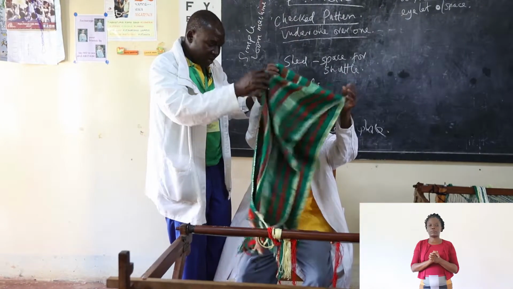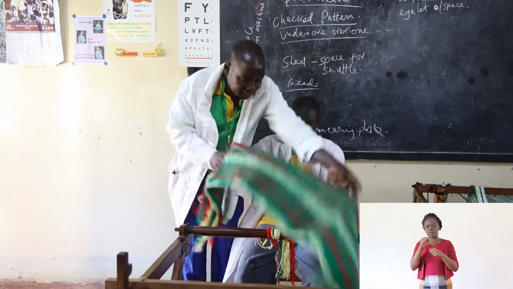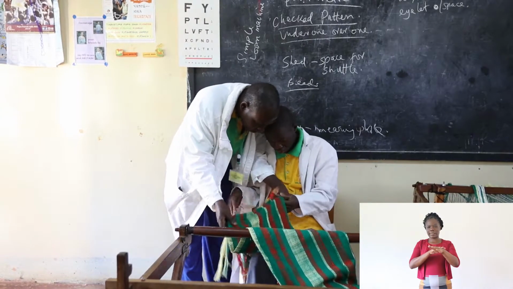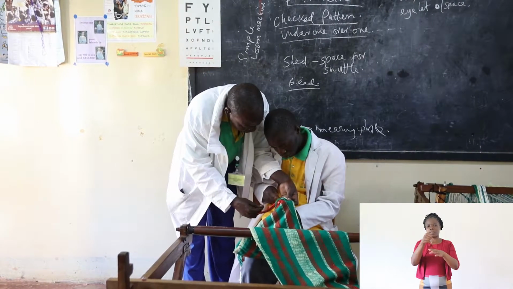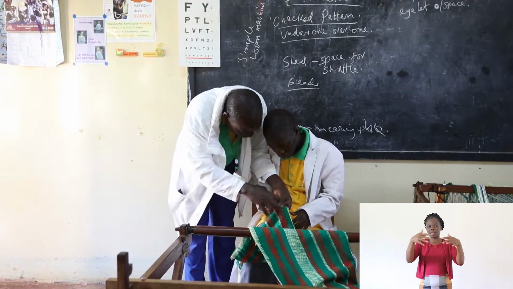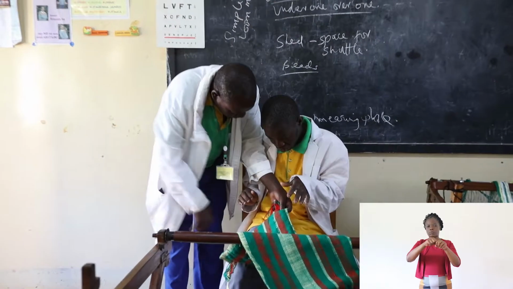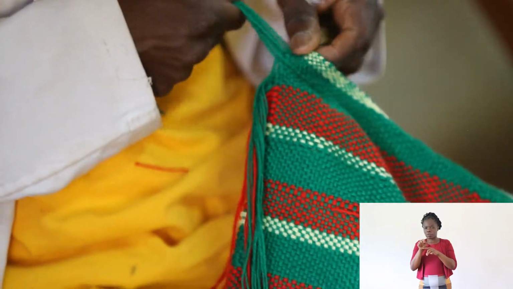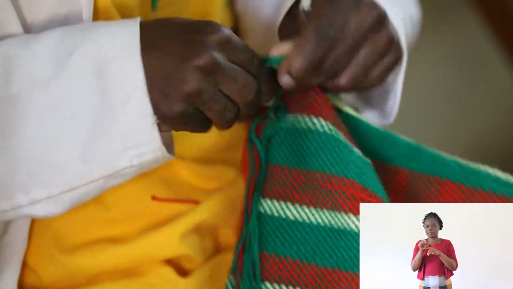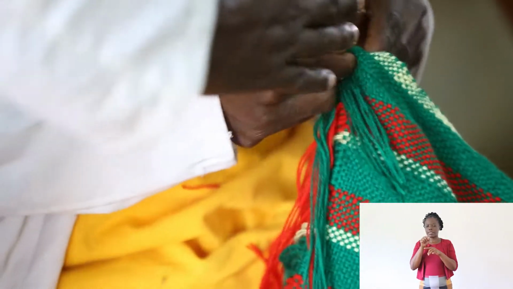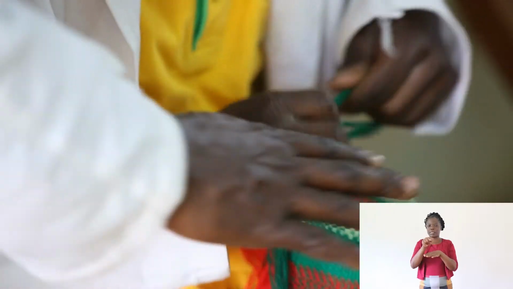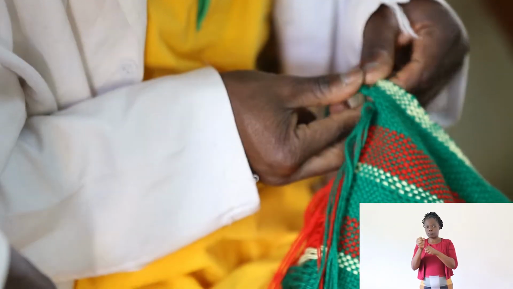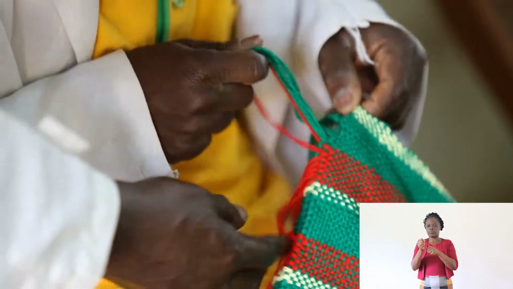Okay. Now we want to tie it. You can touch that this was now loose. If you leave it that way, it will get spoiled. So you must take one like this. So this is the finishing part of it. You tie it so that it doesn't get loose. Yes, just tie.